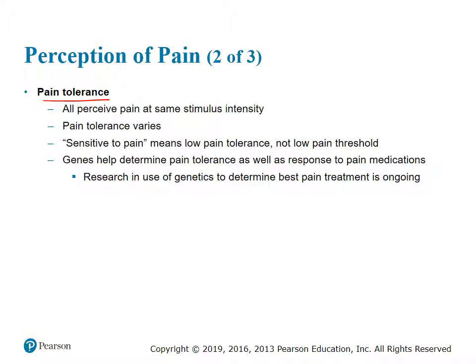Okay, so let's talk about tolerance, right? We all perceive pain at the same intensity and the same type of process, right? But the tolerance will vary depending on the person, right?